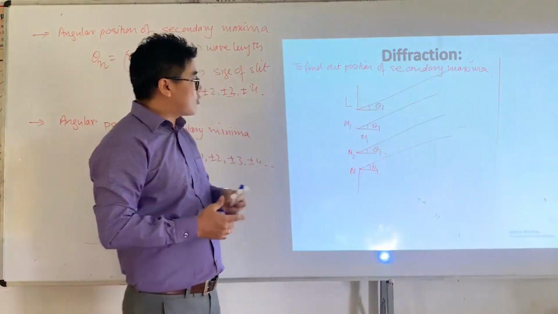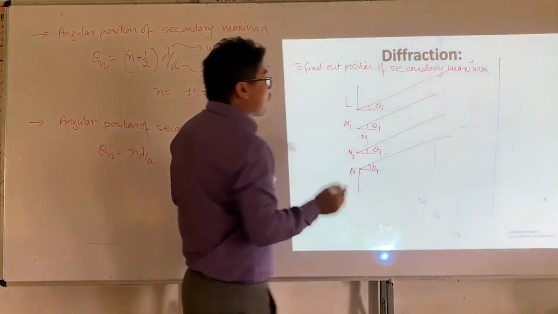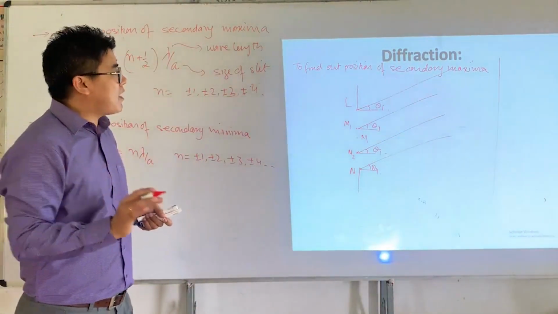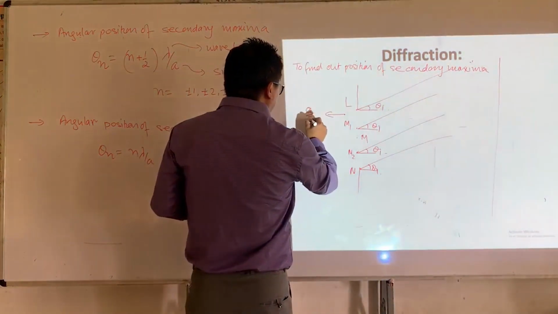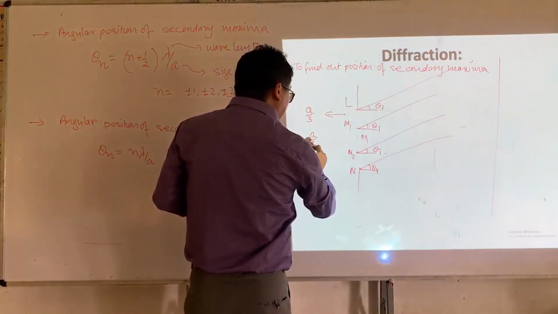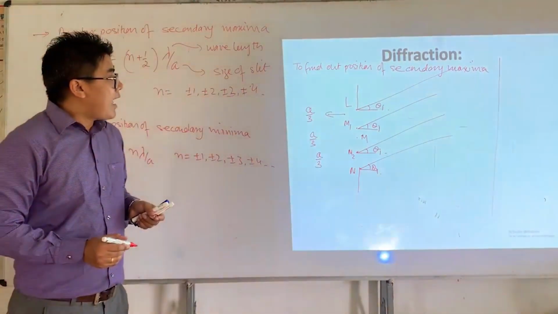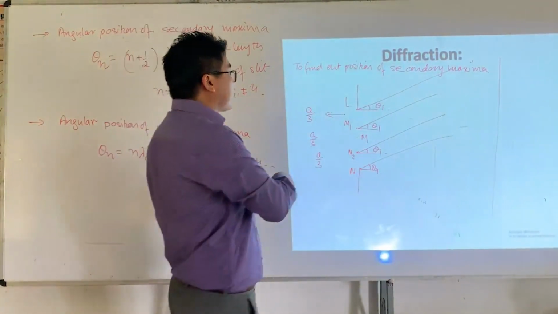This is the angular position of the first secondary maxima. To obtain it, we divide the slit into 3 equal parts, like this.